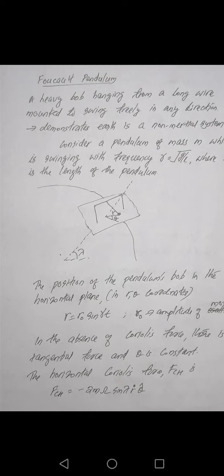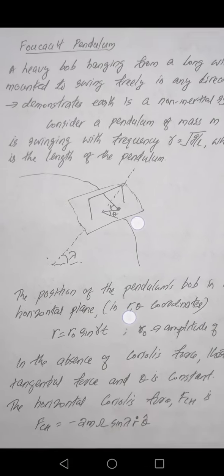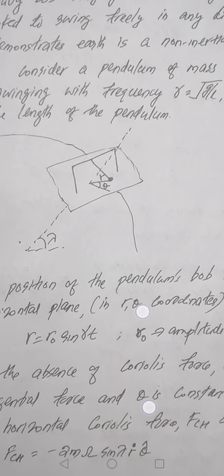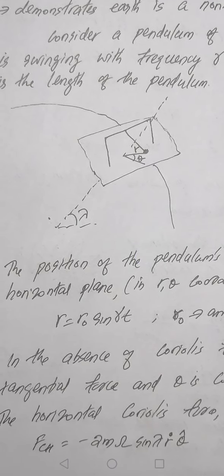But if there is a Coriolis force, the horizontal Coriolis force is given by minus 2m omega sine lambda r cap cross v. That is equal to minus 2m omega sine lambda, where v is replaced by r dot in the theta direction. So this is FCH, the horizontal Coriolis force, minus 2m omega sine lambda r dot theta cap.